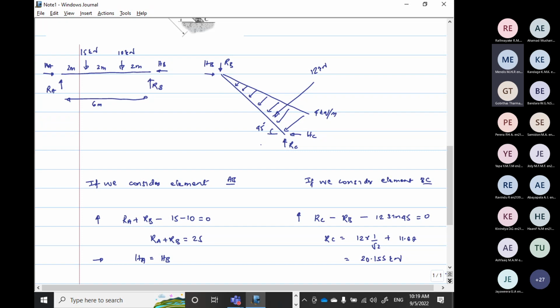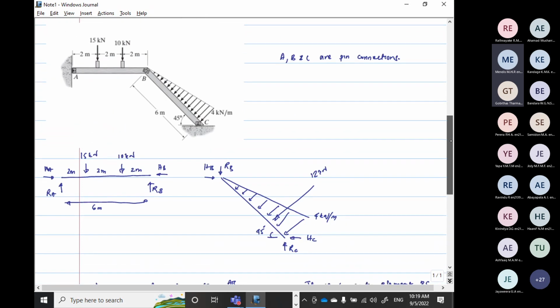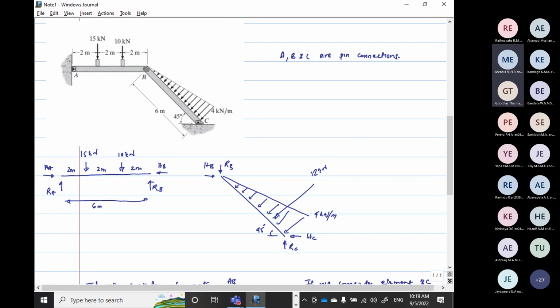So RC into the distance. The distance here is 6 meters, which means the horizontal distance is 6 cos 45.